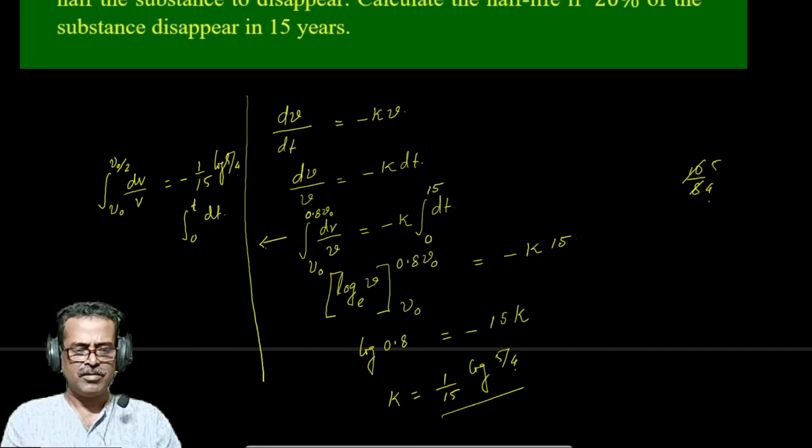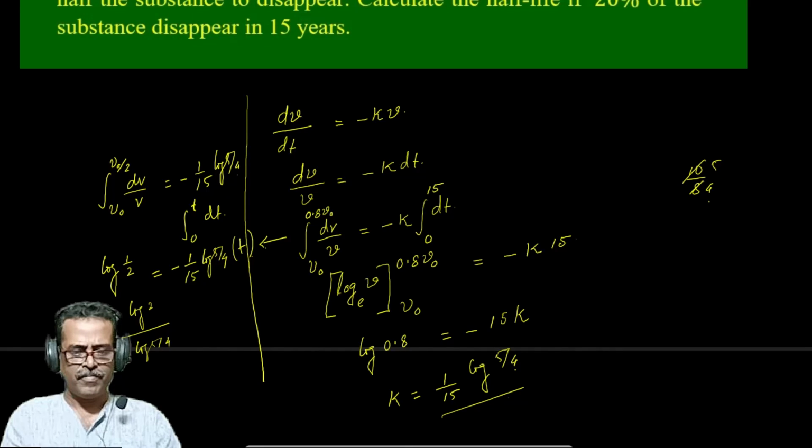This is log 1 by 2 is equal to minus 1 by 15 log 5 by 4 into t. So log 2 divided by log 5 by 4 into 15 is equal to t.